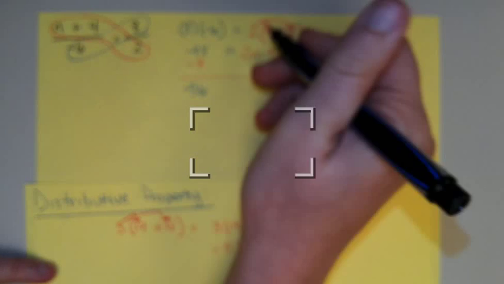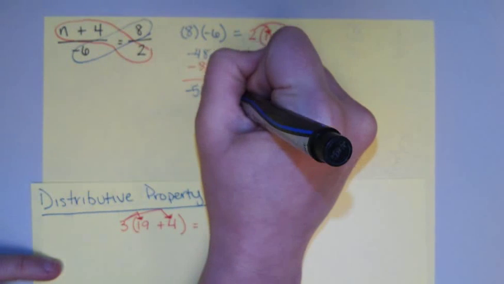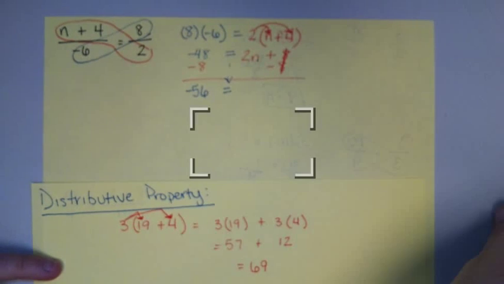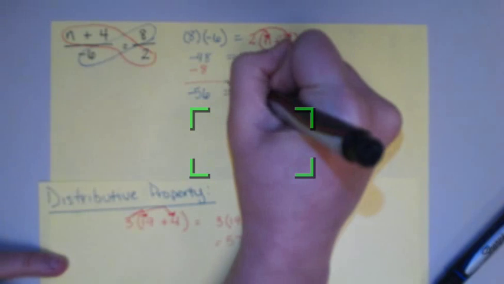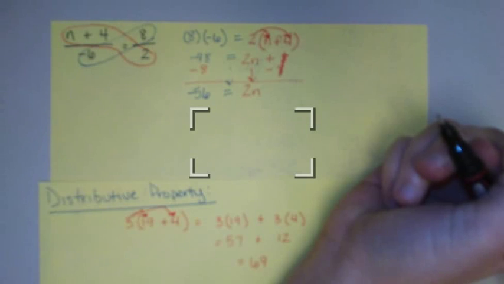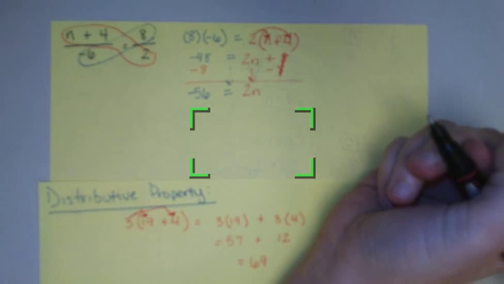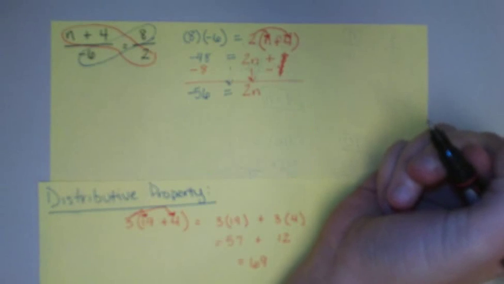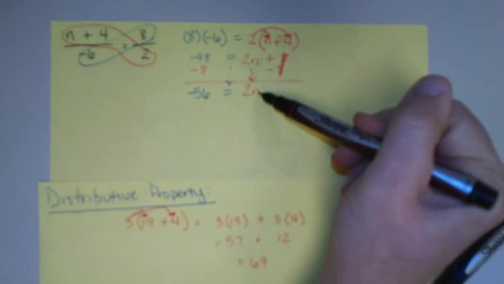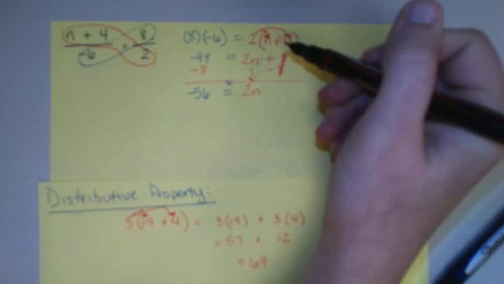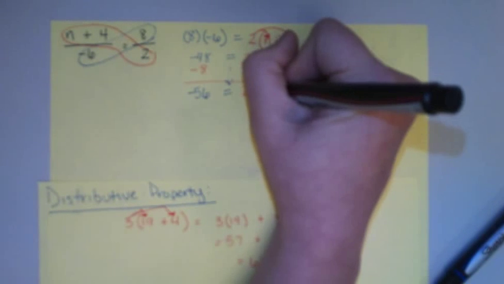I'm going to bring down my equal sign and my 2n. Now this is a one-step equation, because I have a number next to a letter, I know that they are multiplying.